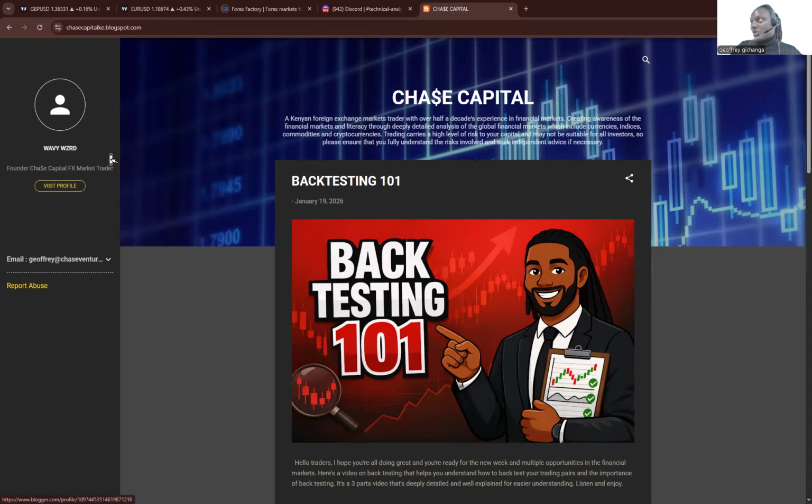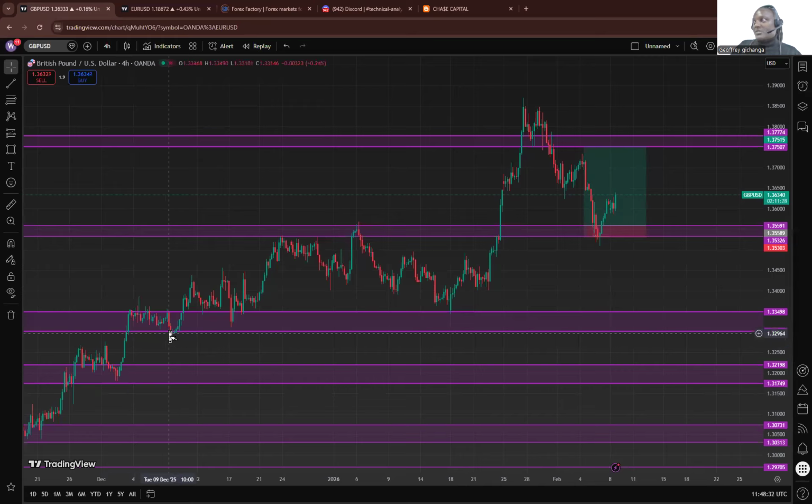Starting off, we have GBP USD. GBP USD was one of the major pairs that we had last week. Our major target for the drop we had from here was 1.35590, and the target was hit. Price got into this demand.